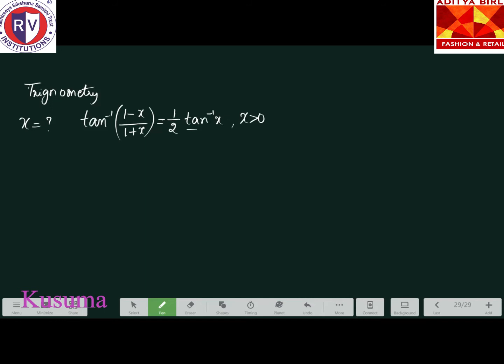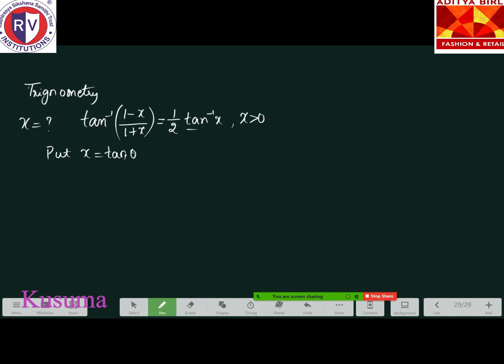For that, I'll put x is equal to tan theta. Let us see what happens. We are trying to put this in the form of tan inverse tan theta.